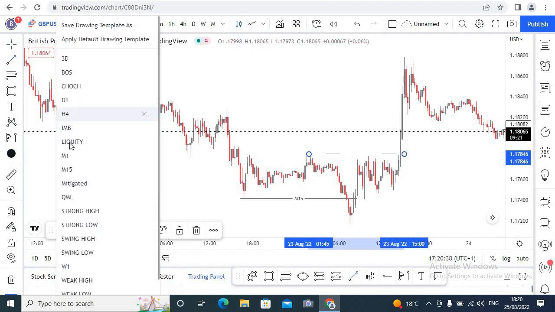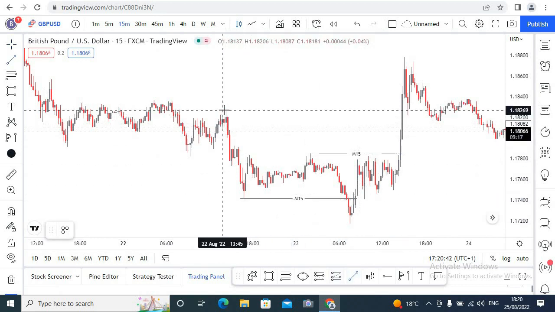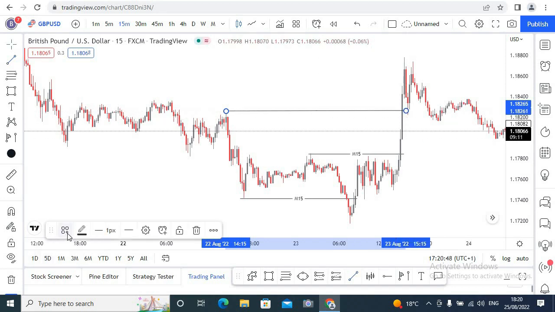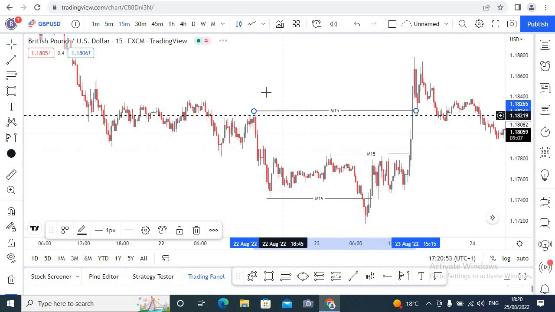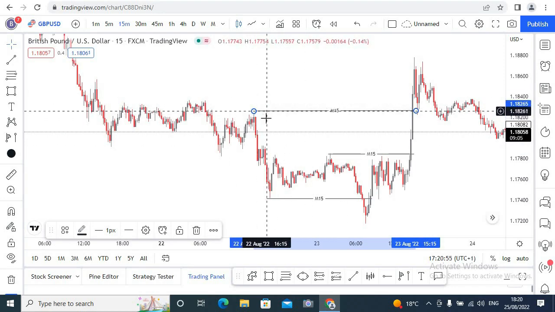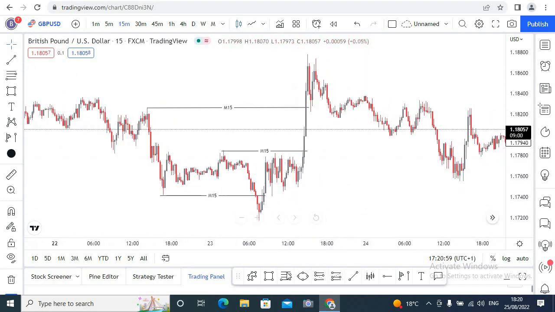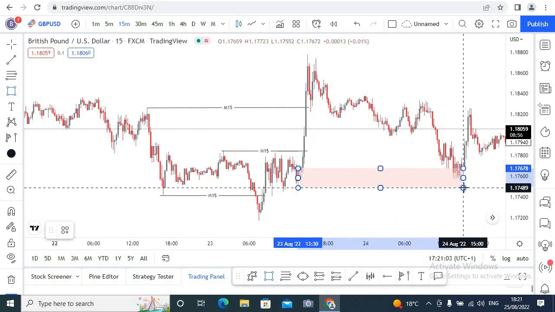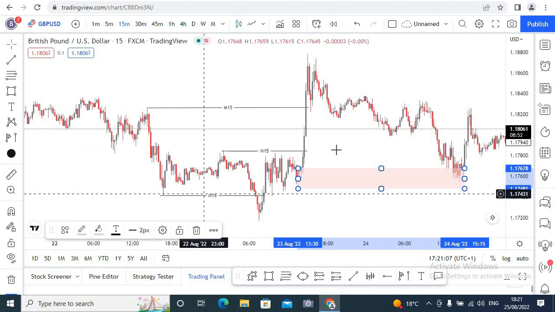And as well, remember, we look for at least the two supply zones to be taken out so that you now have confidence on your entry point of your bullish momentum if we are looking for longs. So as you can see, we did have another supply zone being taken out right there. And guys, as you can see, we did have a nice demand zone area right here, right?